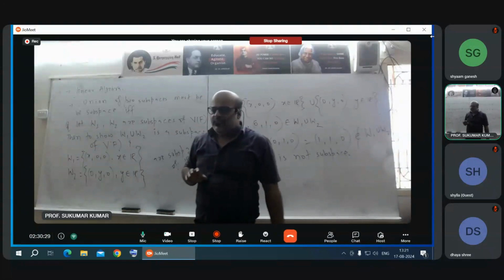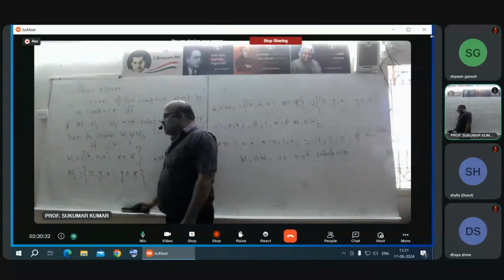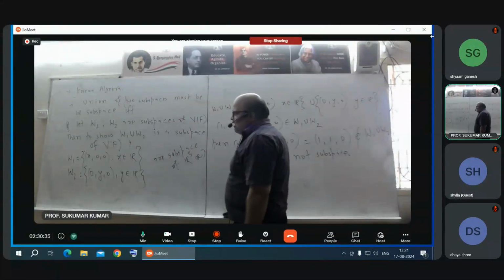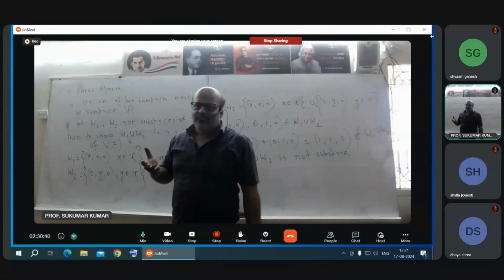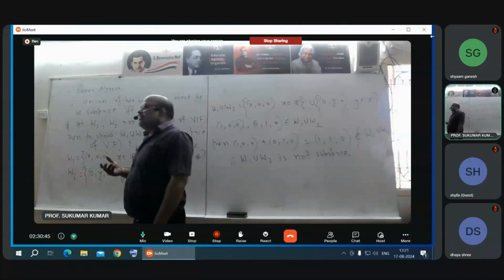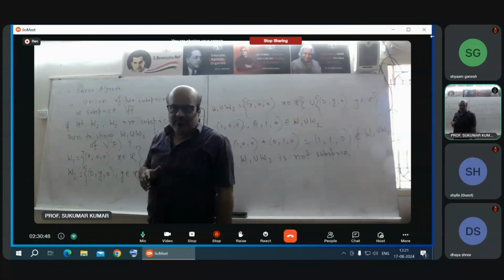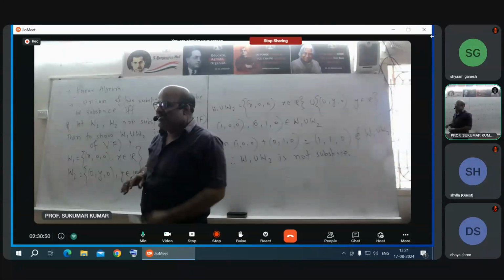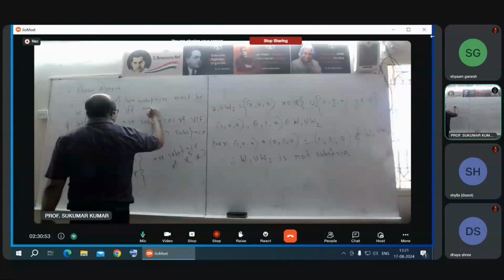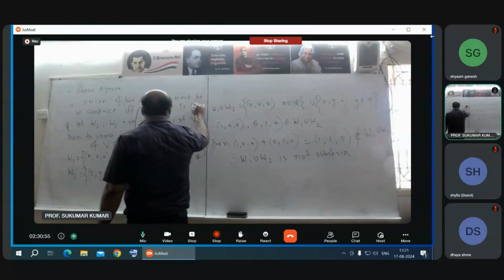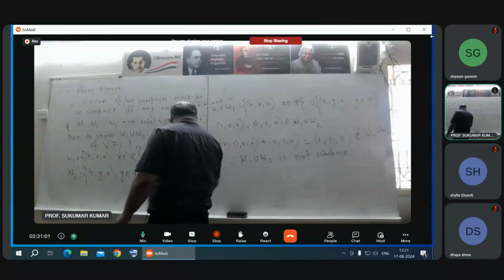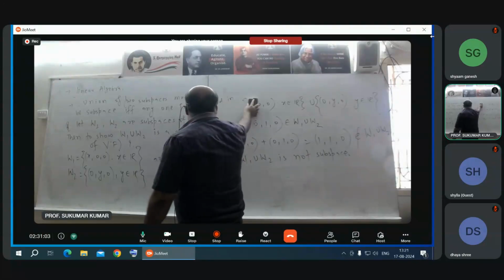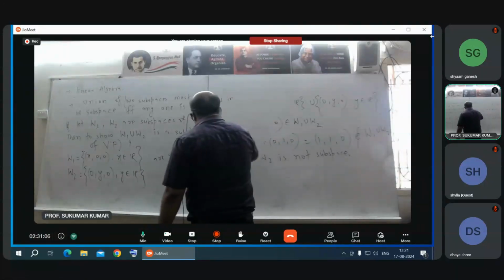In subspaces the intersection must contain zero. So here it will come if and only if, a very famous theorem in BSc, MSc: if and only if one is contained in the other, meaning W1 contains W2 or W2 contains W1.